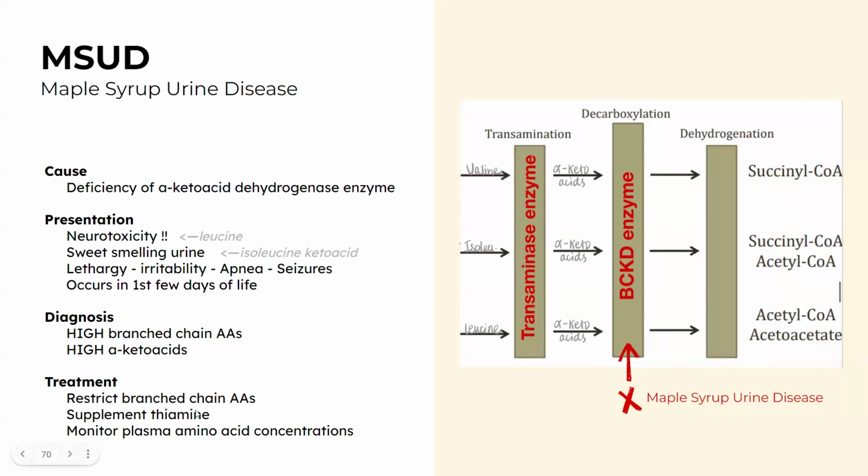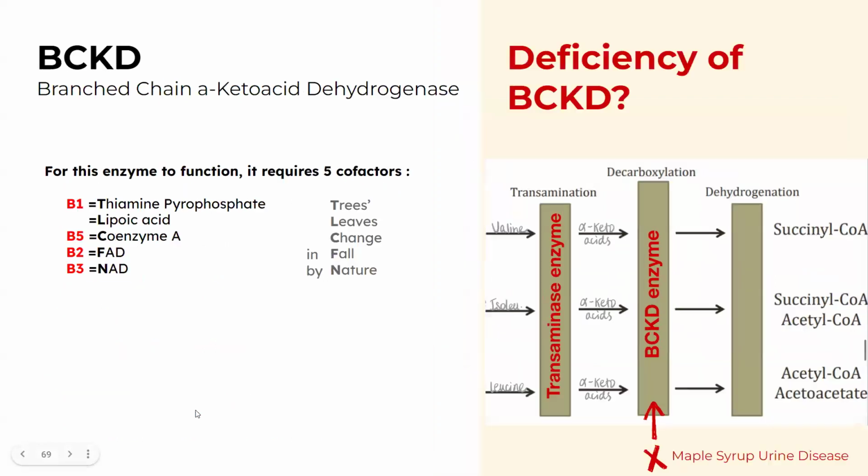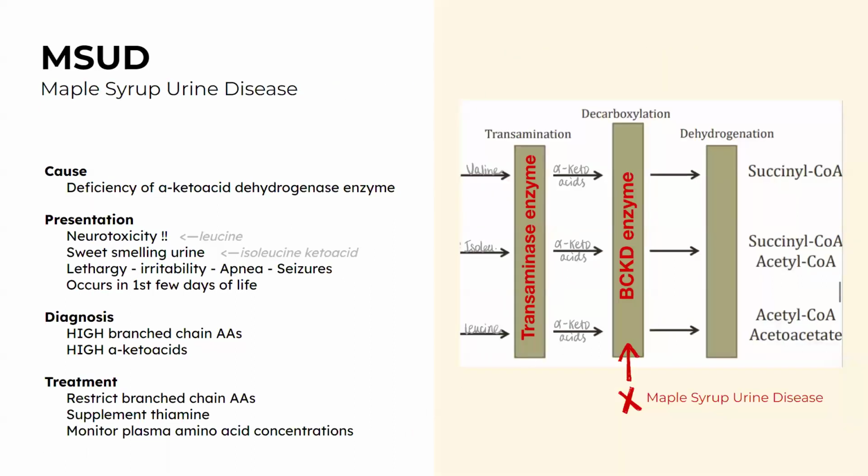Another thing is you supplement thiamine. So remember, thiamine was one of the vitamins here. Thiamine is vitamin B1. So if you supplement B1, they're gonna have more thiamine pyrophosphate, and it's one of the cofactors that is going to help support this enzyme. And lastly, just monitor plasma amino acid concentrations because you need to make sure that the disease is not progressing while you're not noticing.